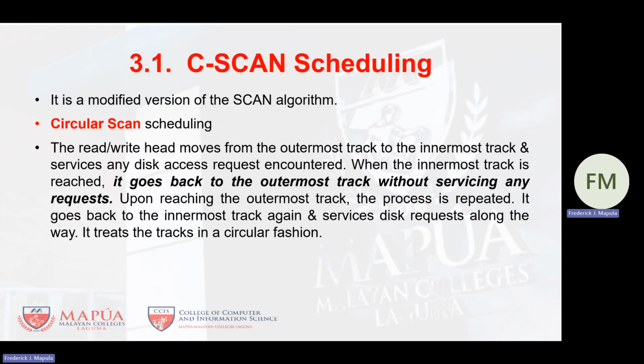When the innermost track is reached, it goes back to the outermost track without servicing any request. Upon reaching the outermost track, the process is repeated. It goes back to the innermost track again and services requests along the way. It treats the tracks in a circular fashion. When we say circular, it's just a circle. In this algorithm, the waiting time is more uniform.